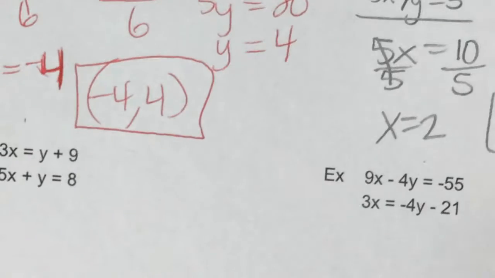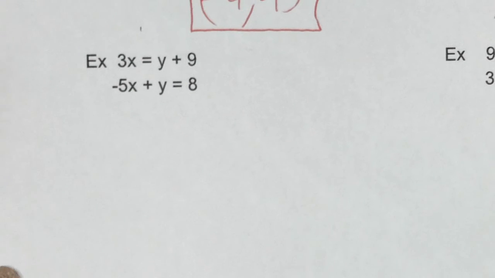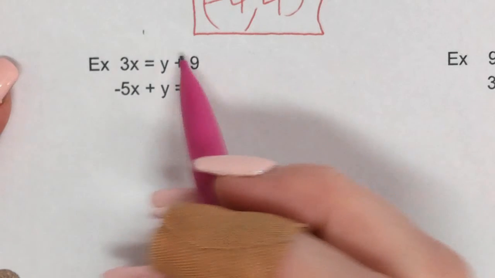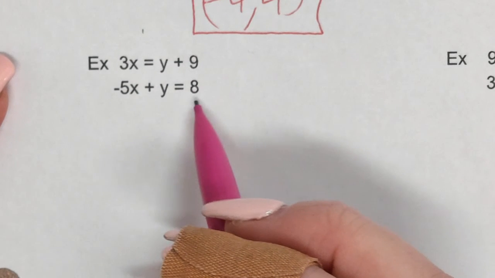Okay, let's try this bottom one on the left. What's going to have to happen? Which one? All right, so you're going to rearrange this one and just write it right under this one.